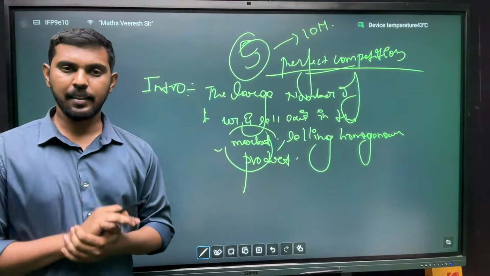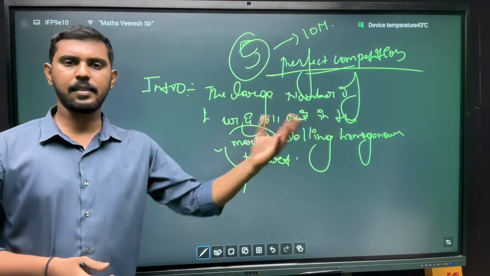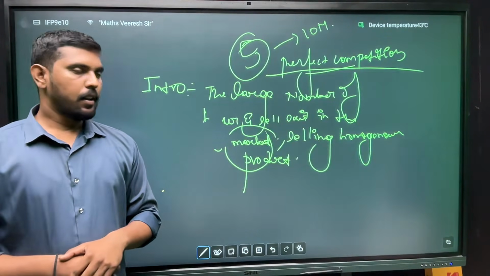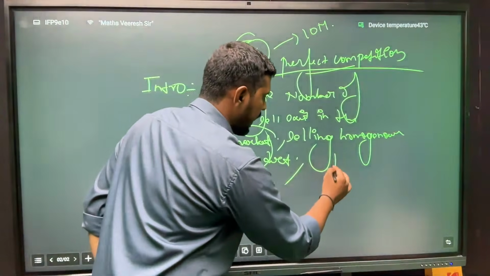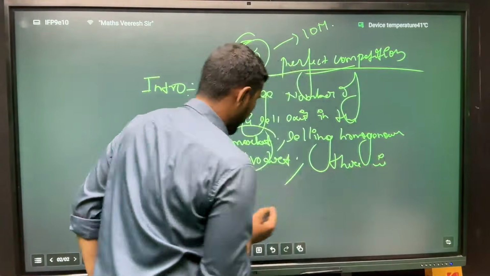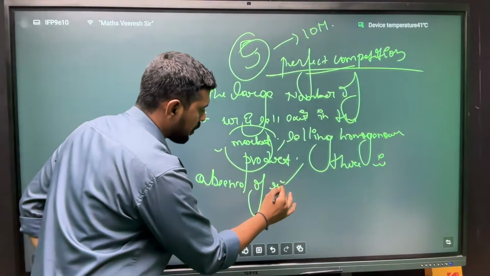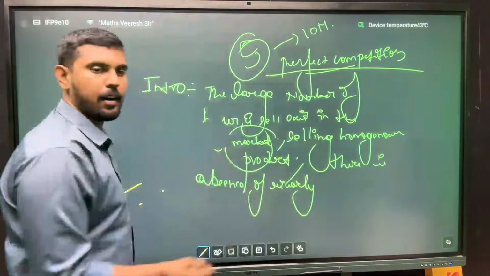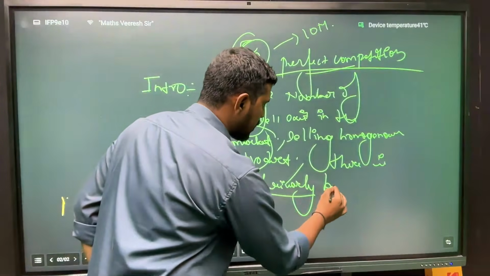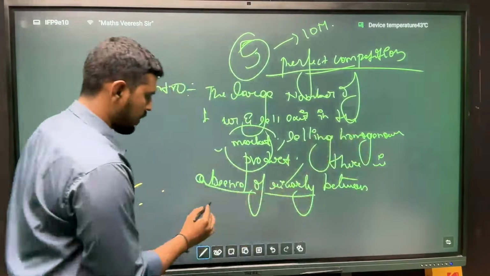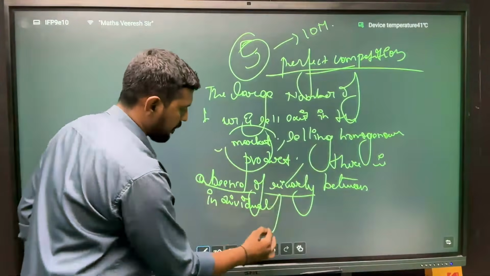One thing: when I'm selling a homogeneous product, another seller will also sell a homogeneous product. Will there be a rivalry between us? No. So there is an absence of rivalry between individual firms.